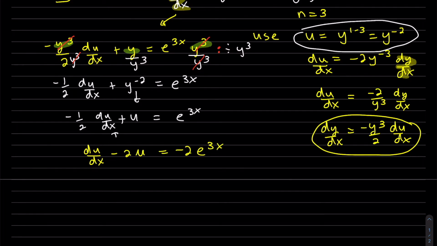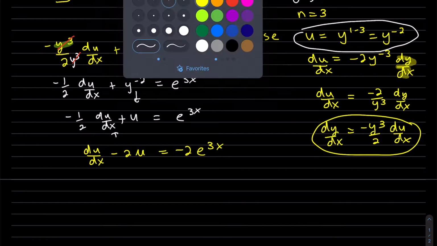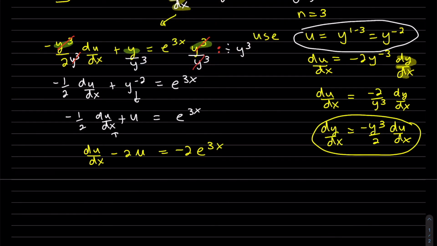And I'm looking at this. If I multiply by dx, is it separable? I don't think it is. So we're going to use an integrating factor, and it could be a good review for that. I cleared my minus 1/2, so it's in the standard form. The mu is my integrating factor.